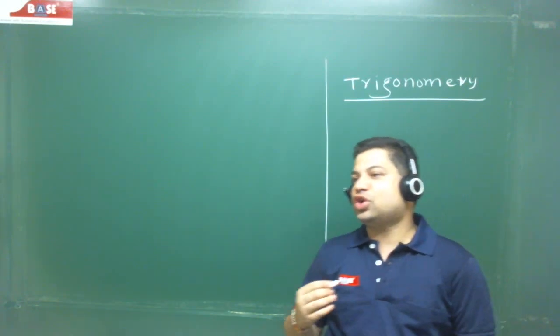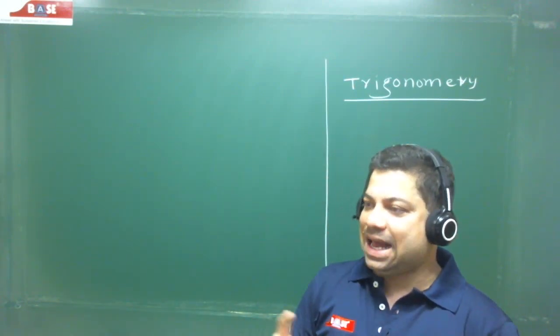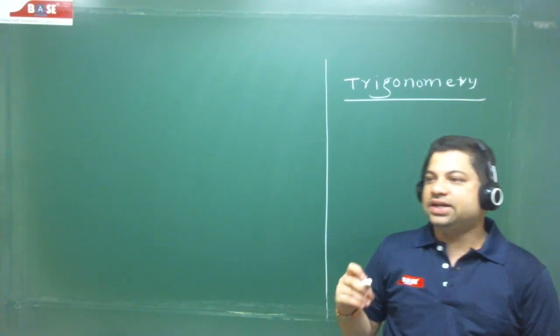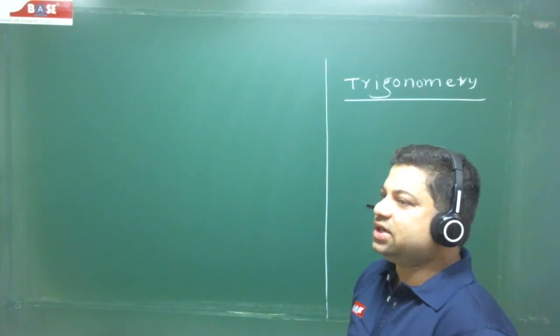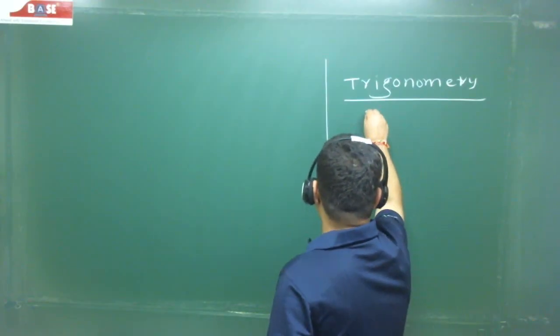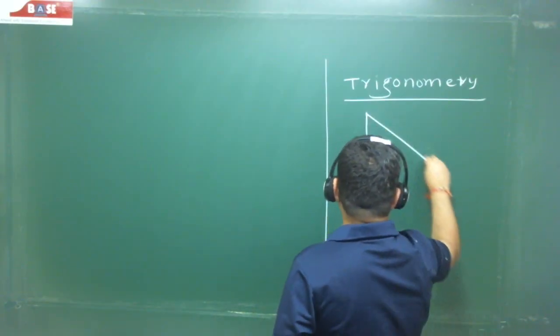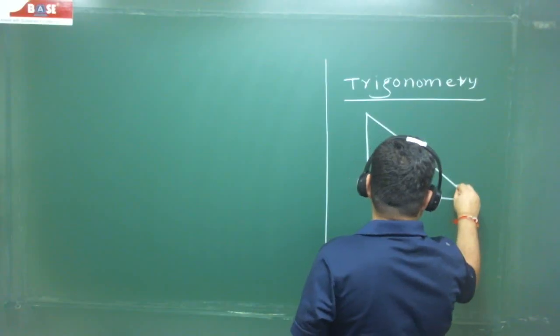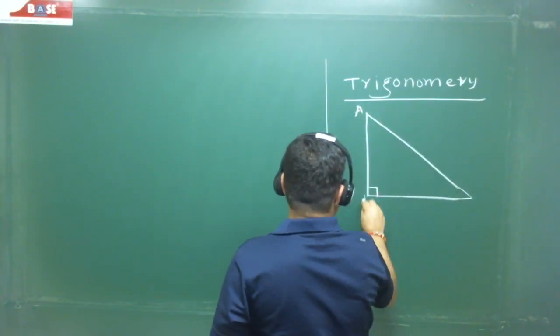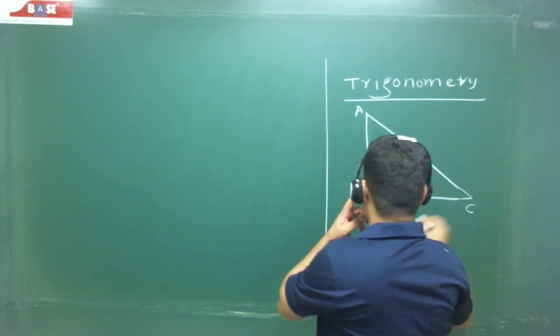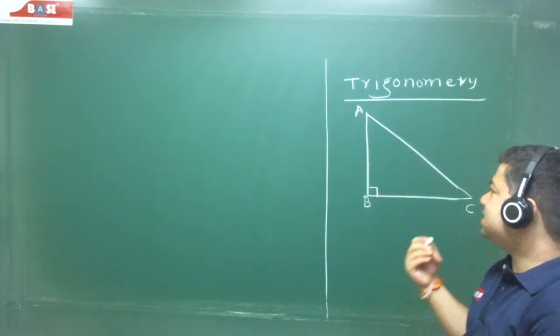is some sort of relationship between the angles and sides of a right angle triangle. Suppose we have a triangle ABC.